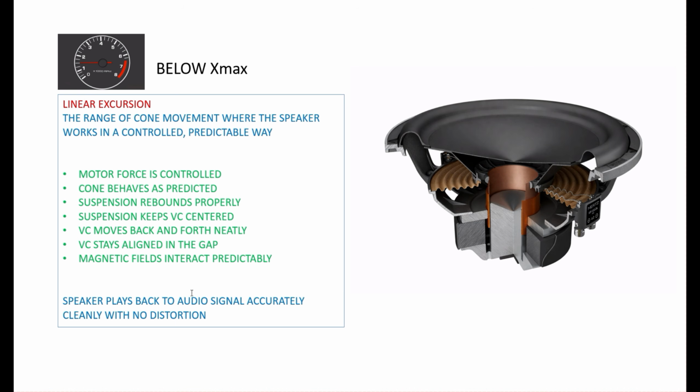The speaker cone is moving up and down like a piston. The electrical and the magnetic forces are within the design parameters, and so the speaker is just playing the way it should, a bit like driving your car and cruising along. And the audio signal is being accurately and cleanly replicated by the speaker, and there's no distortion. So, happy days. It's exactly the way the speaker was designed to operate, right?